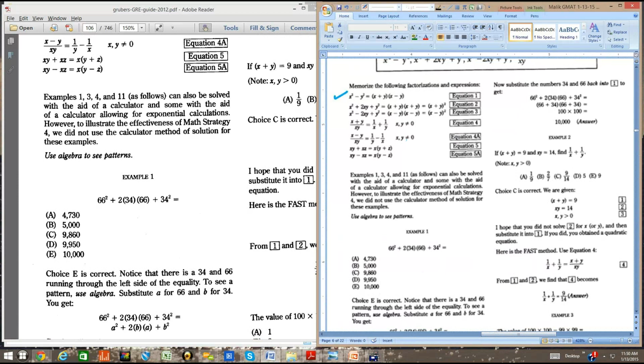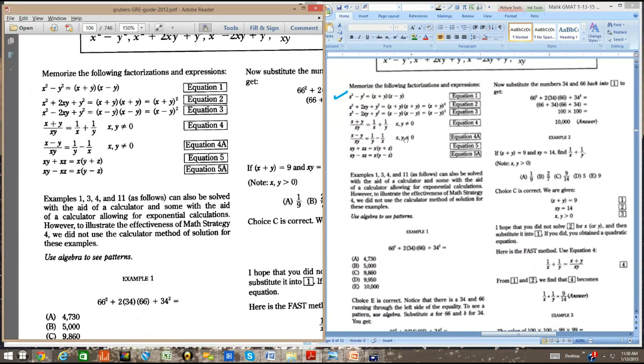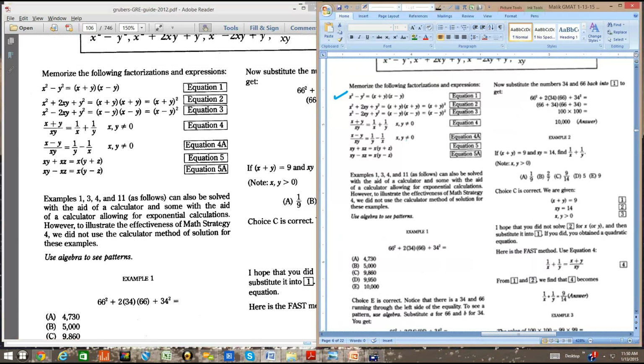The second one, when you have x plus y squared, you have x squared plus 2xy plus y squared. You need these memorized. Very important, all three. The rest are not that important, kind of common sense. You can just work it out.